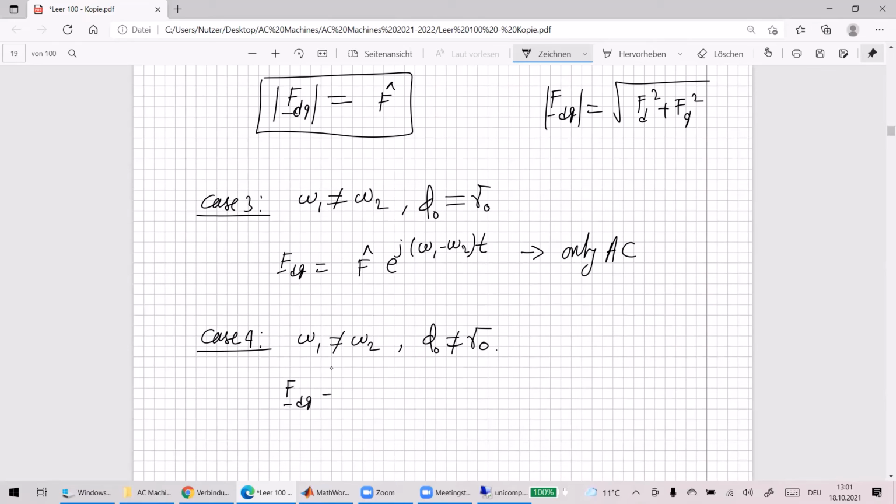Now you tell me, is there only AC or both? For sure there is AC, so you should tell me whether there is only AC or both DC and AC. Both? Okay. But it's not both, it's AC again.